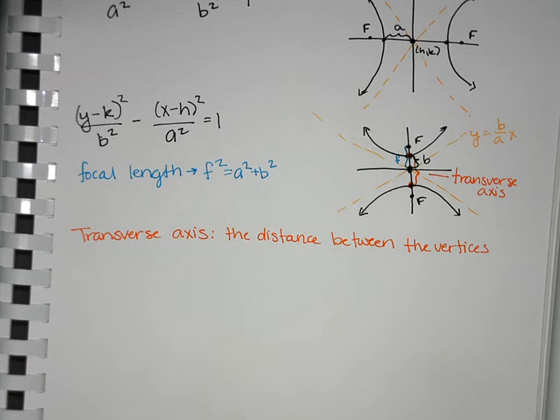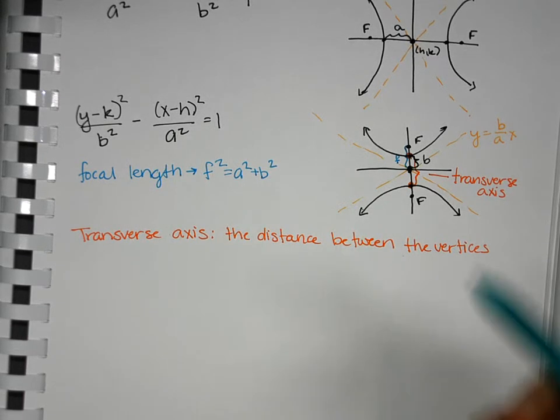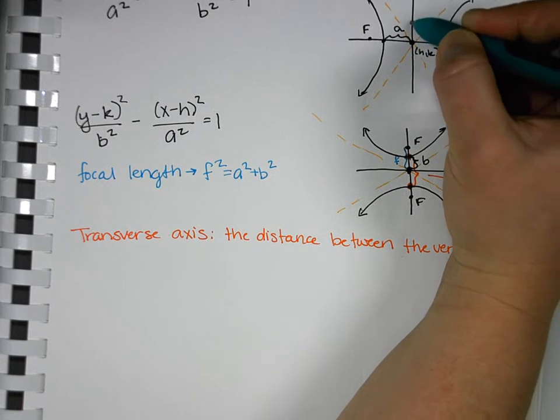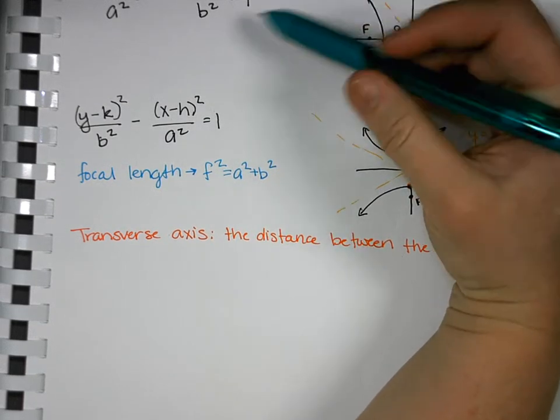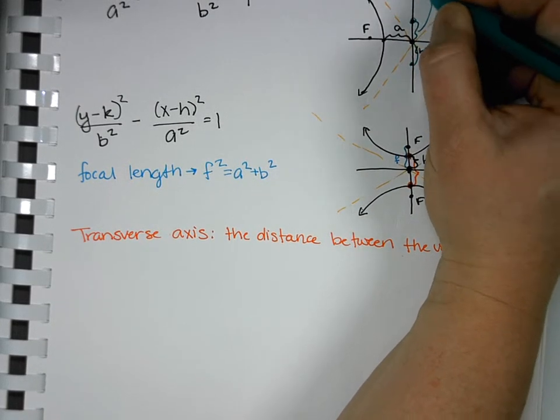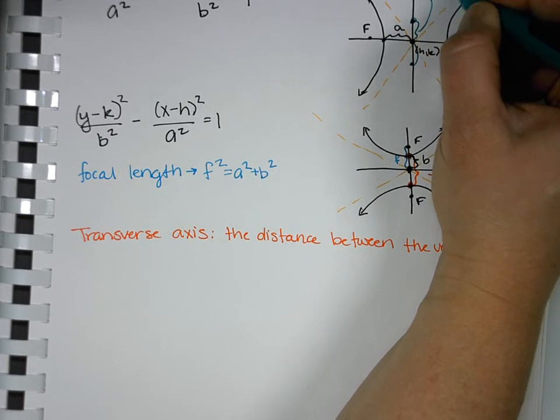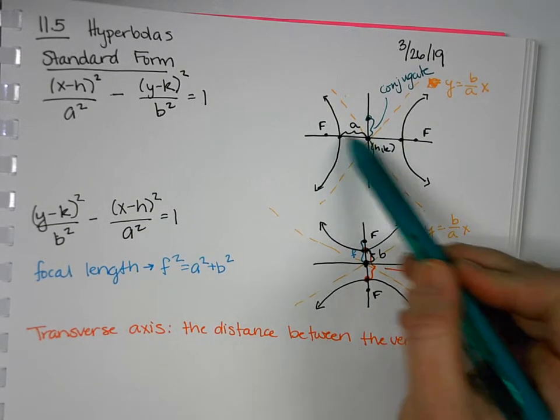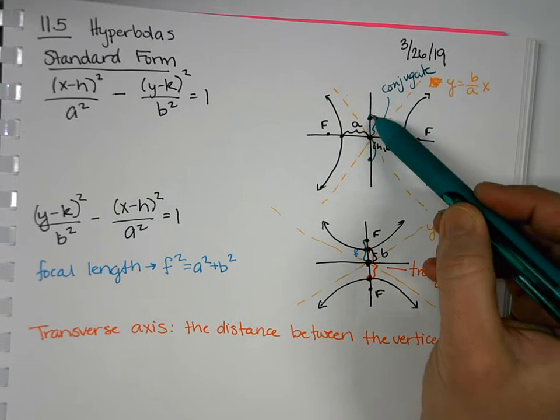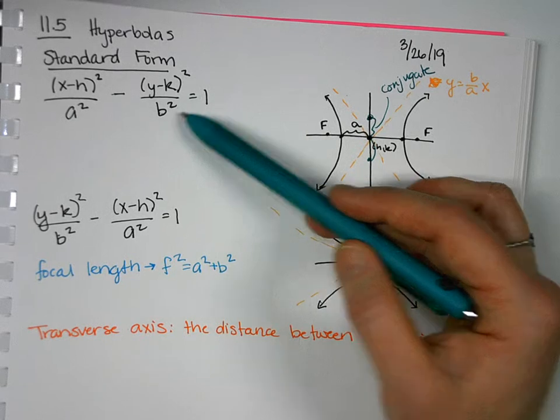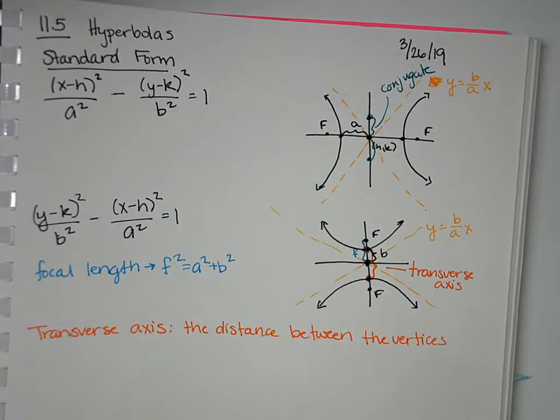We also have something called the conjugate axis. Now the conjugate axis would be on here. If I were to go up and down b, whatever b is, this length here, this would be called the conjugate axis. I just realized you can't see that. So here, a was our vertices, this would be the transverse. Our conjugate would be the one that goes from b to negative b, since we're centered around 0, 0.